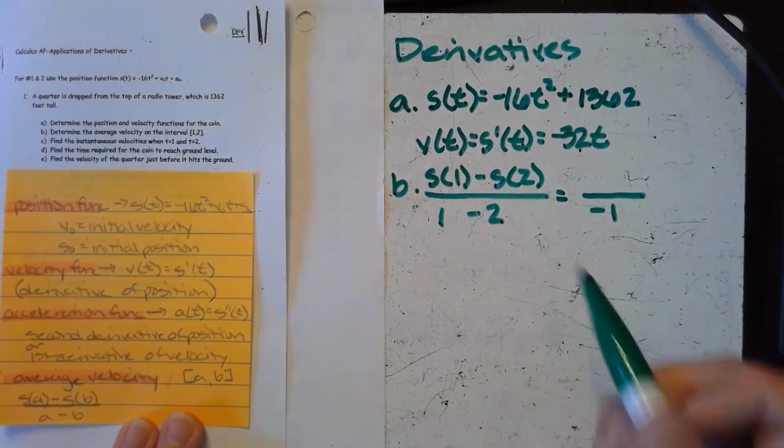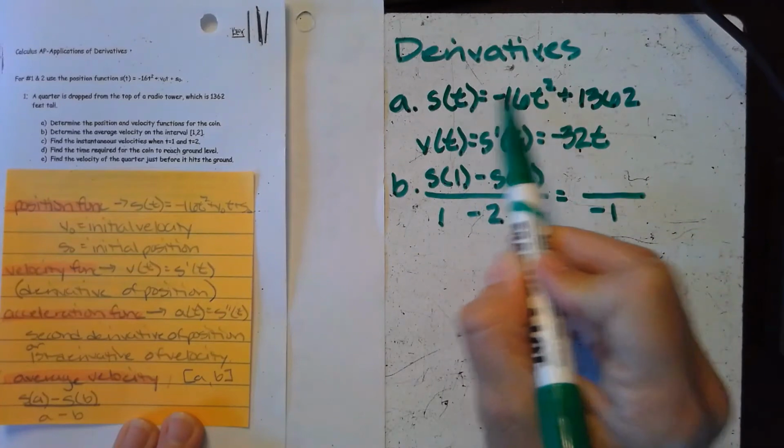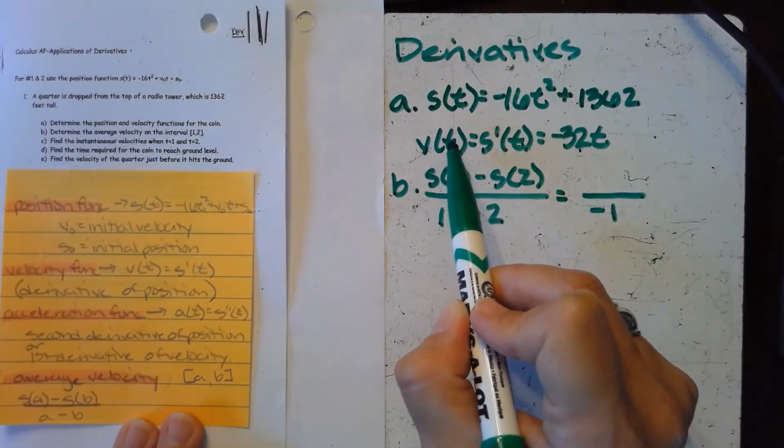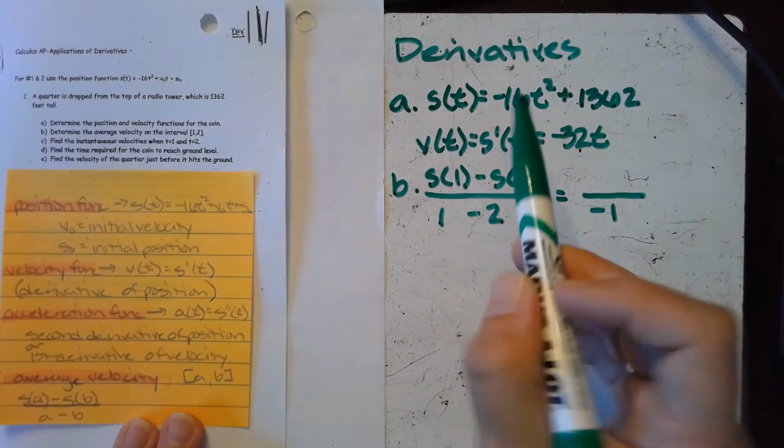Think about this: our position function is in feet, and velocity is basically the position over the time, so that's what I've done.